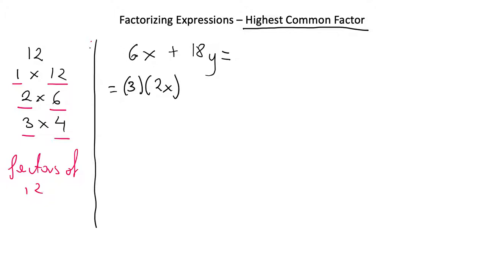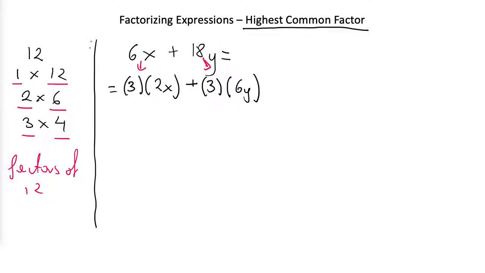So 6x can be factorized into 3 times 2x. And in the same way I factorize 18y into 3 times 6y. So you clearly see that 6x turned into 3 times 2x and 18y turned into 3 times 6y.